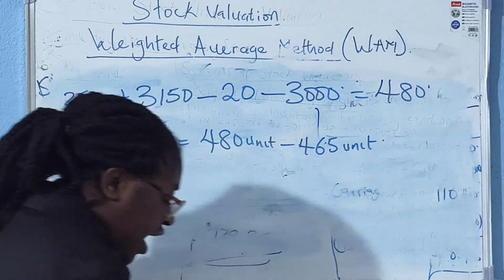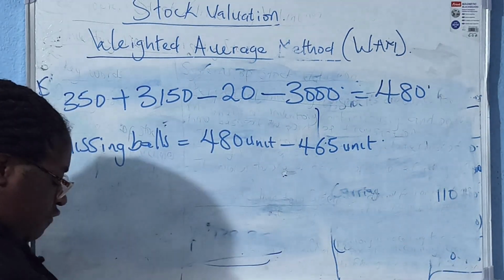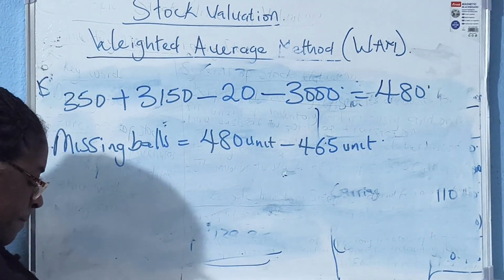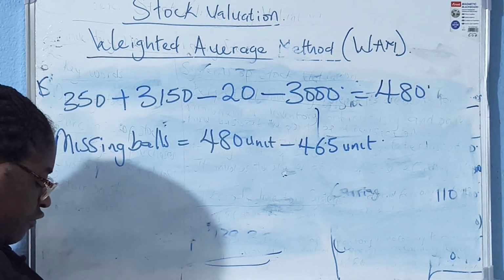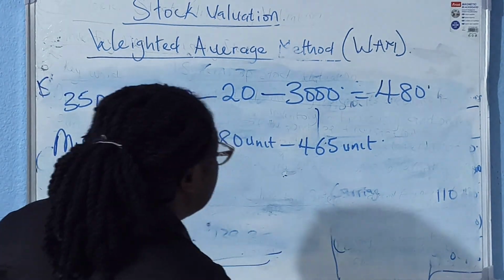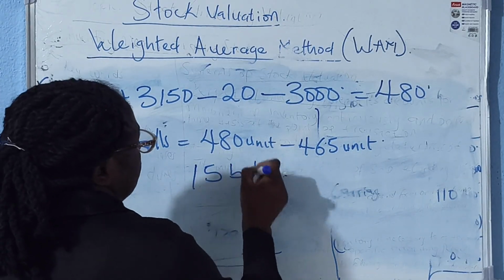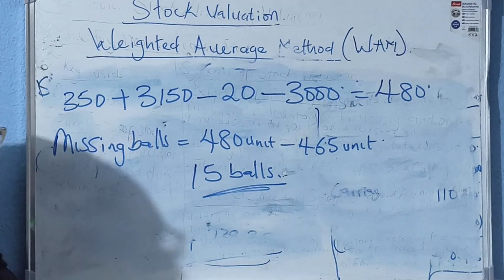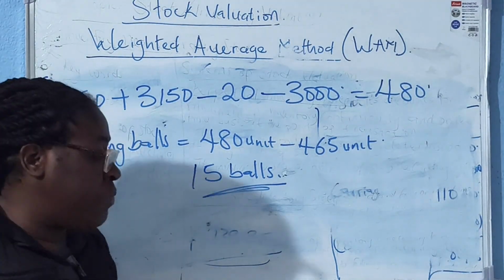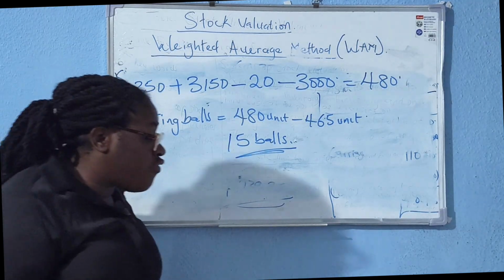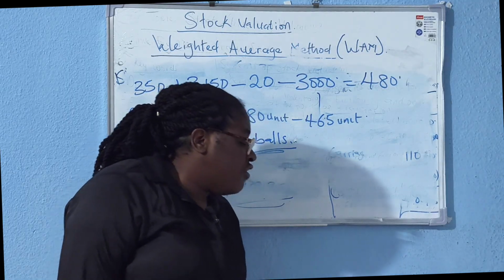So when you say 480 minus 465, that means 15 balls were missing. So the concern of Pope is very, very valid.